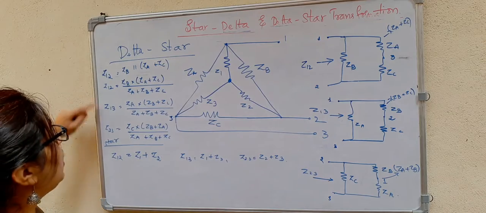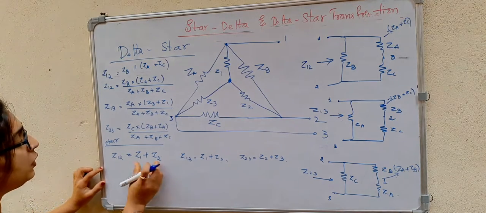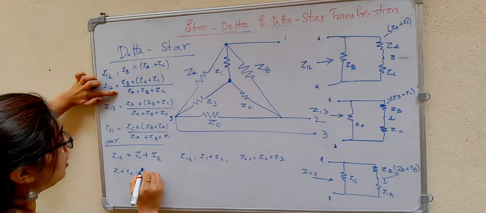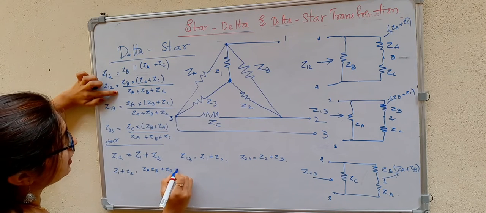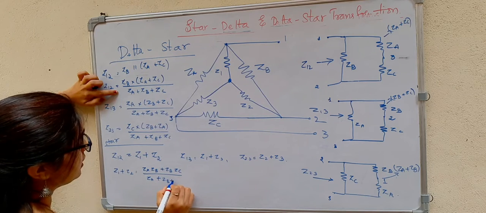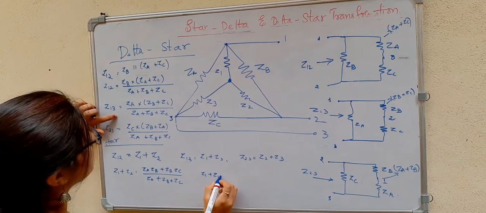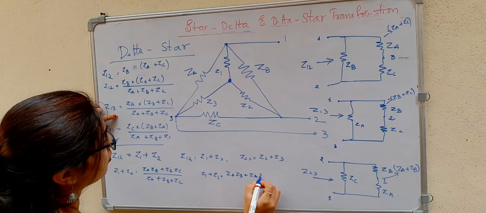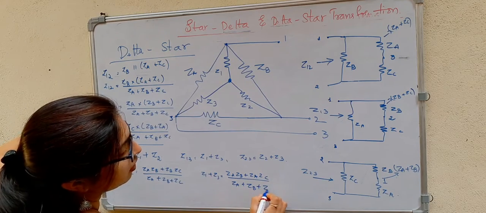Now I can equate these two, that is, star to delta. So Z12, which is Z1 plus Z2, is equal to ZA ZB plus ZB ZC divided by ZA plus ZB plus ZC. Then Z1 plus Z3 is equal to ZA ZB plus ZA ZC divided by ZA plus ZB plus ZC.